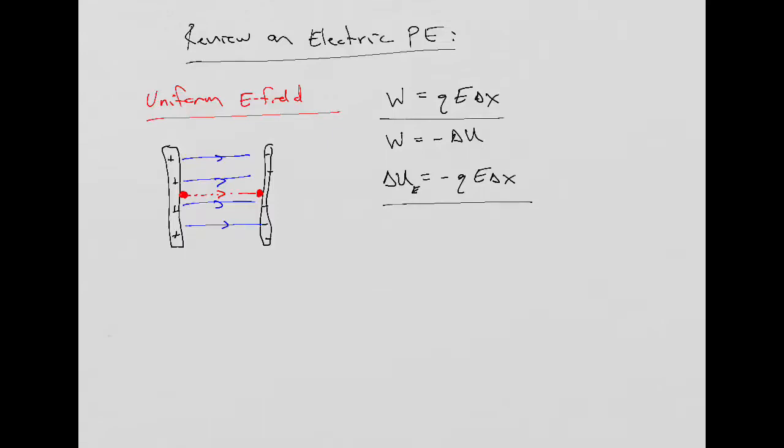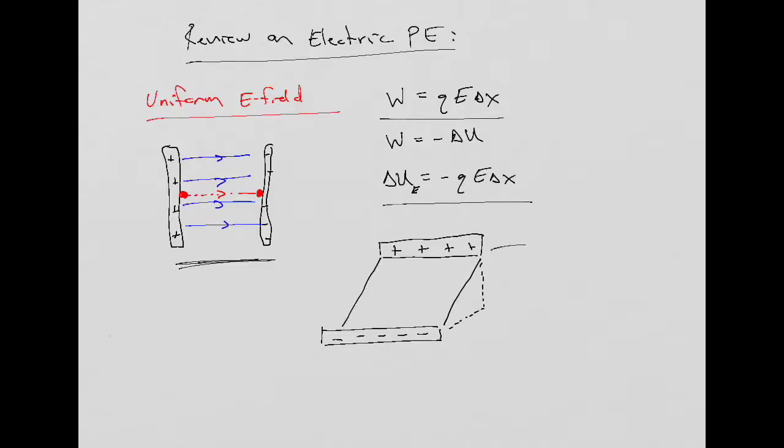By the way, this is the picture that I was mentioning in lab today. I said we redrew this picture in sort of 3 dimensions. So we had the negative plate here and the positive plate is at a higher electric potential energy.